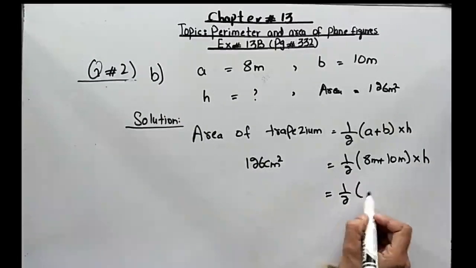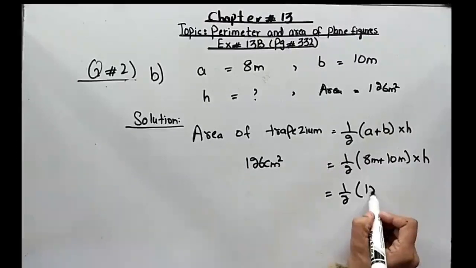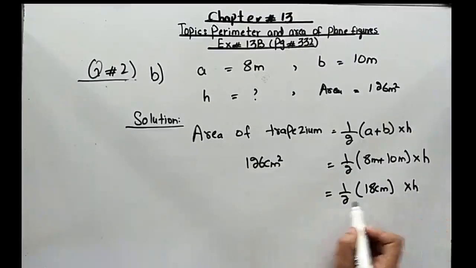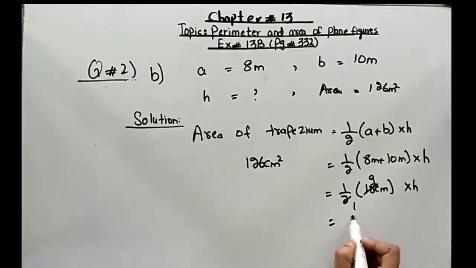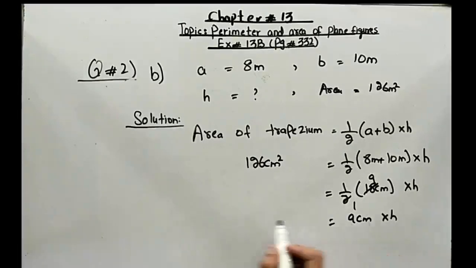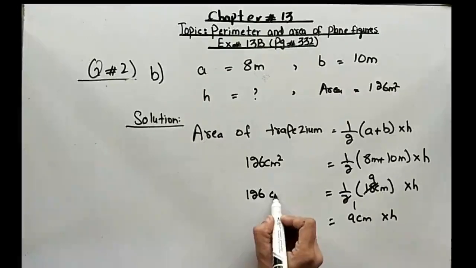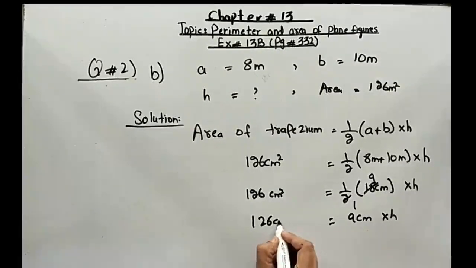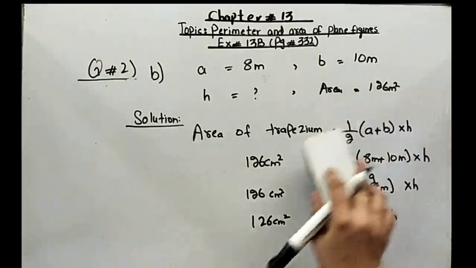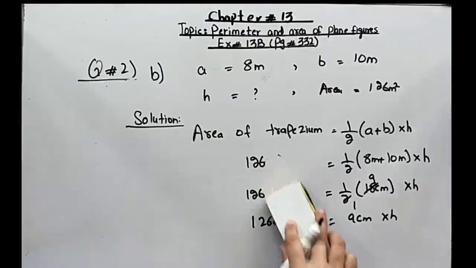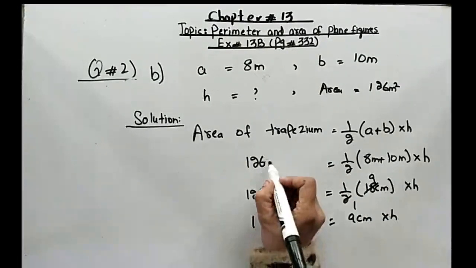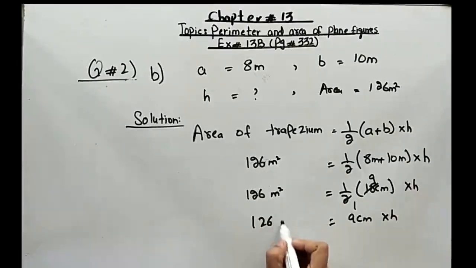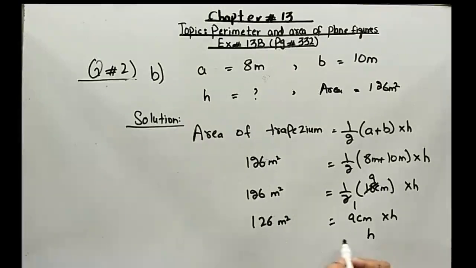So 1 by 2, 8 plus 10, 18 meter multiplied by h. So 2 1s are 2, 2 9s are 18. 9 meter multiplied by h, and here we will write 126 meter square. Sorry, this is meter square, not centimeter. Meter and centimeter are units of length. So leave the h here. 9 will move to the other side, it will divide.